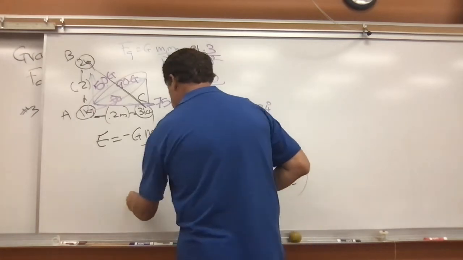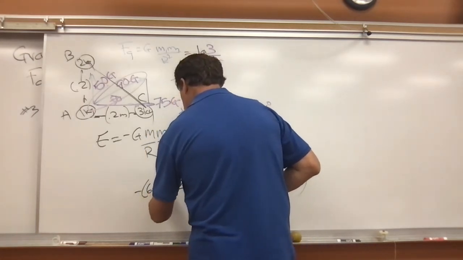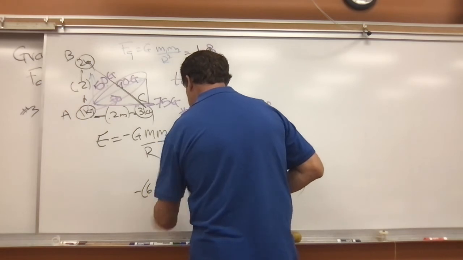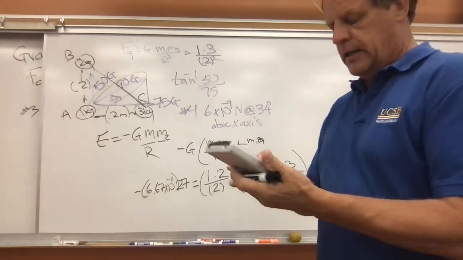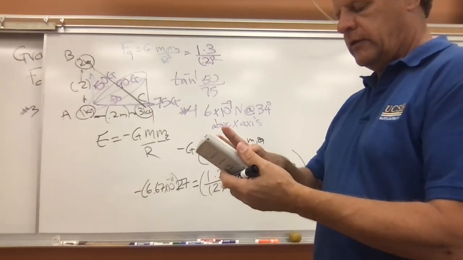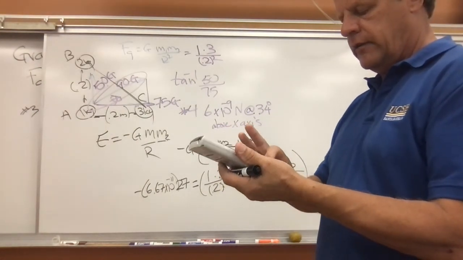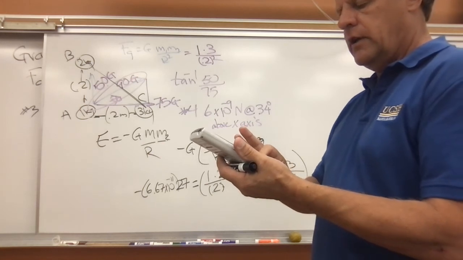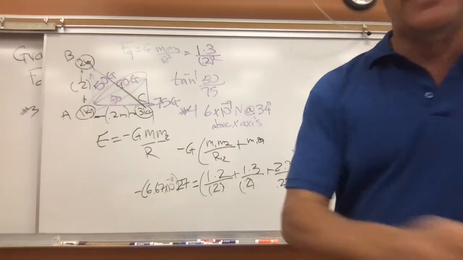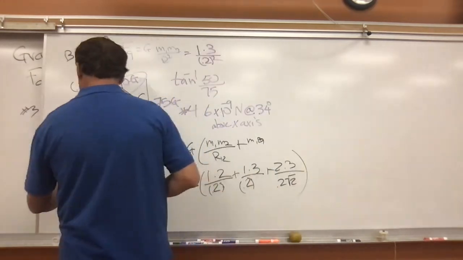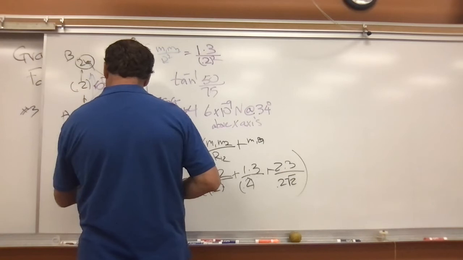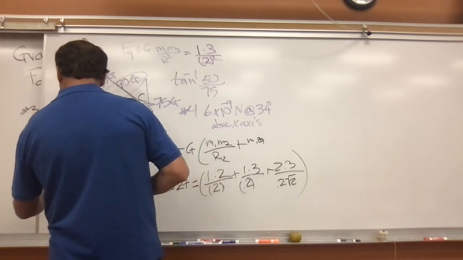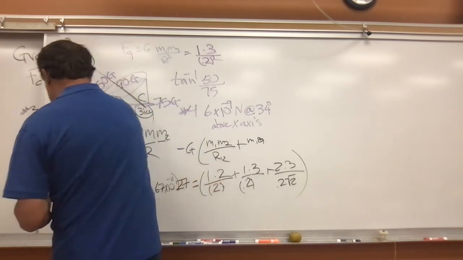Now we're going to multiply that by negative G, 6.67 times 10 to the negative 11th, negative, and we got 1.8 times 10 to the negative 9th. 1.8 times 10 to the negative 9th joules is that potential energy.